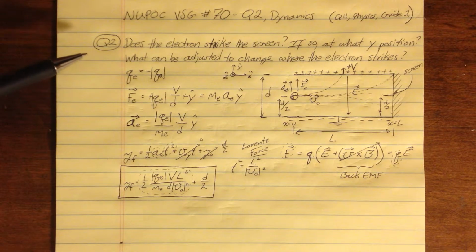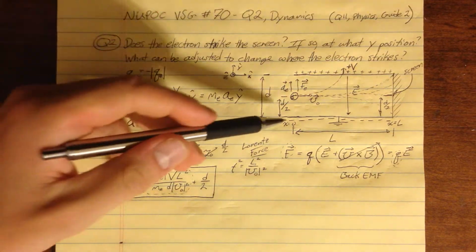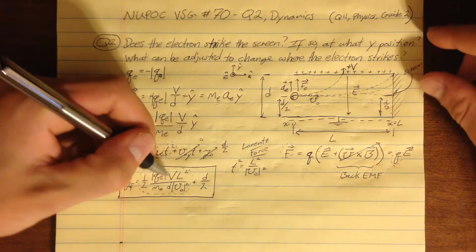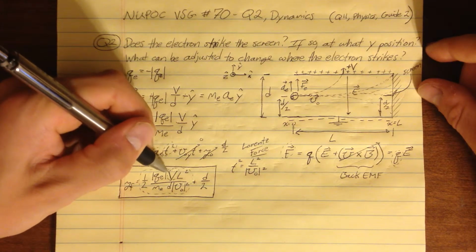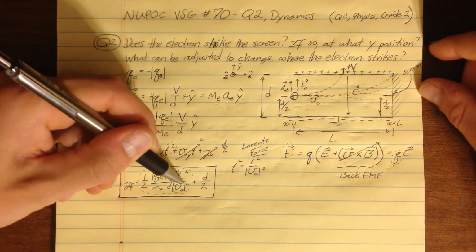And then we can ask, what can we change in order to adjust the position where this electron strikes the screen? Well, if L and D are fixed, if the geometry is fixed, then what we can change is the voltage between the two plates, and we can also change the initial velocity of the electron.